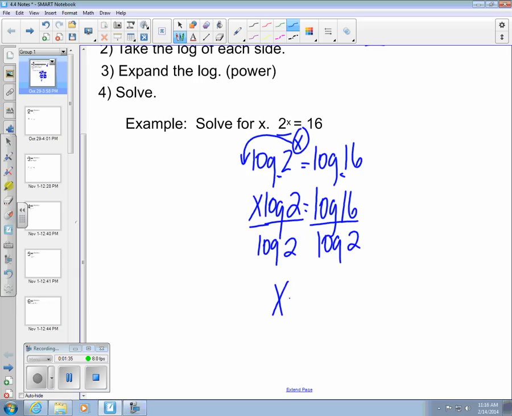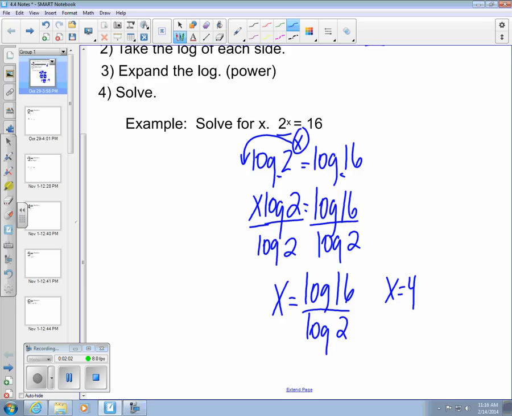That gives us x equal to log base 10 of 16 all over log base 10 of 2. And x is going to equal 4 if you plug this into your calculator. Remember, it's our common log of base 10, so we can just use our log button on the calculator. We don't have to go into math and go to the changing of base step there.